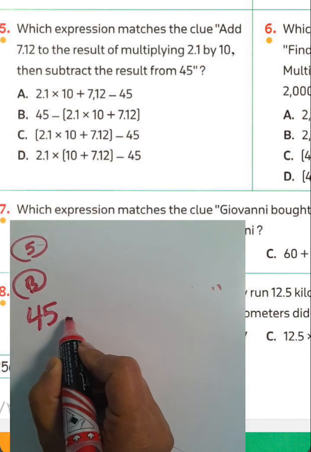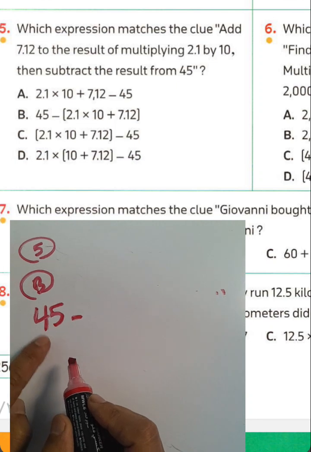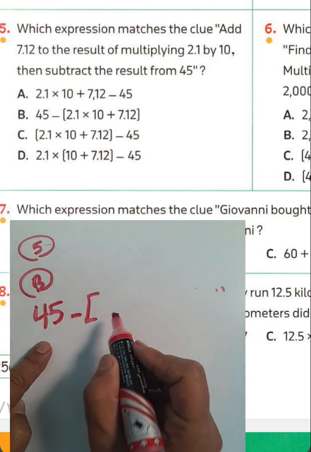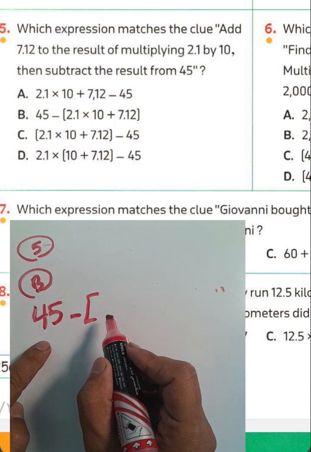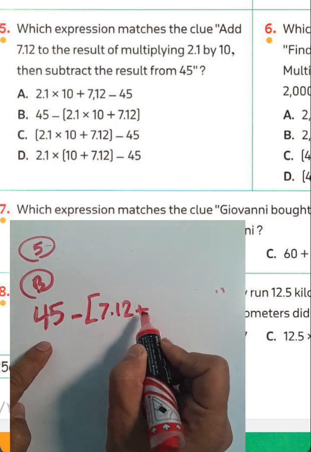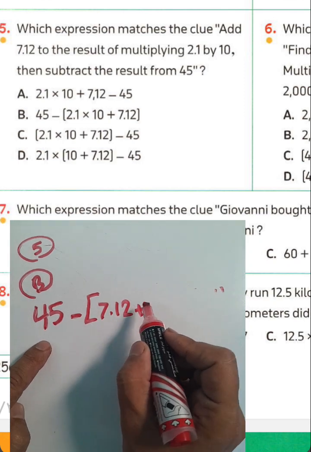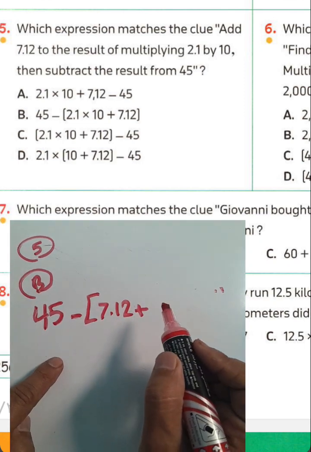45 we call it the minuend. Write first 45, subtract, and write parentheses. We write 7.12 added to the product of two numbers here, 2.1 by 10.